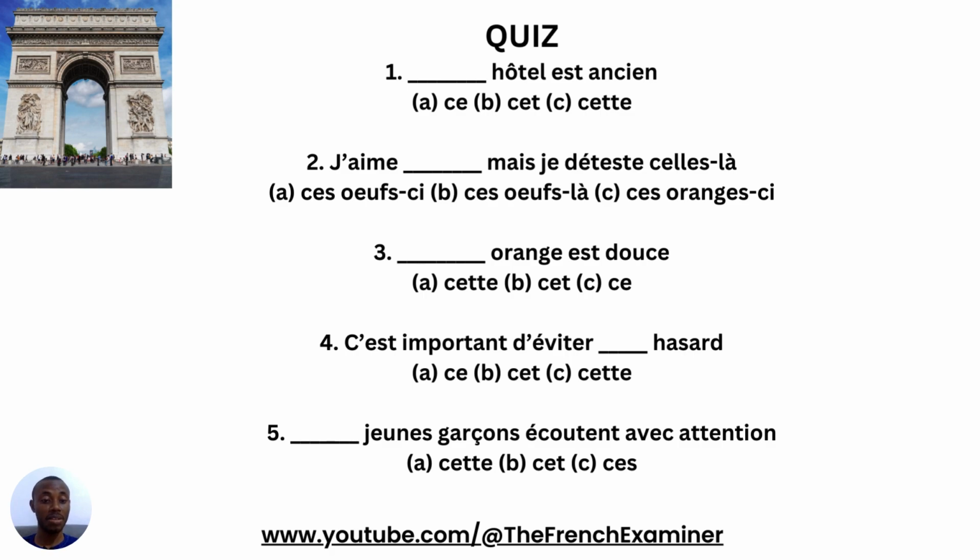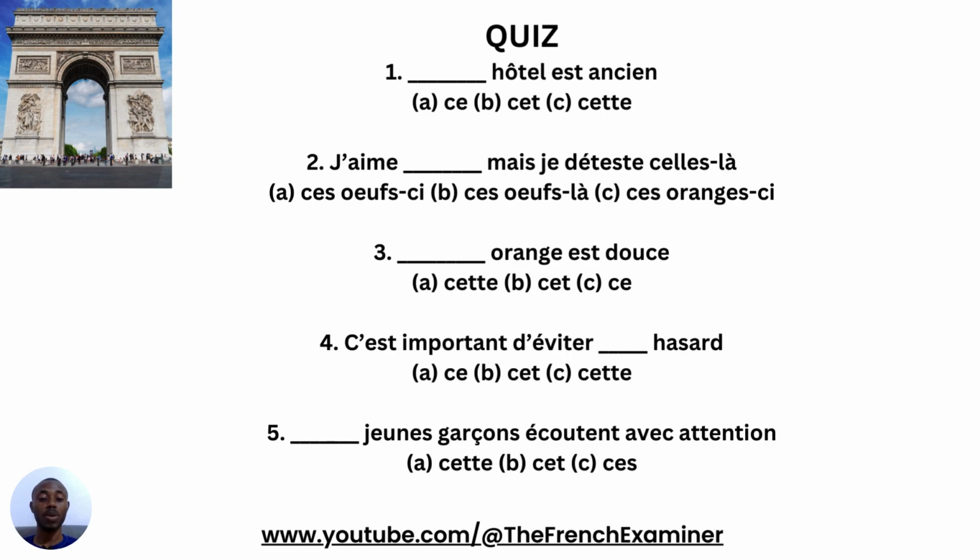Ces oranges-ci. Numéro 3, cette orange est douce. Cette orange est douce. And you just learned that orange is feminine. Donc on dit cette orange est douce. Option A. Okay? Then we go to 4. C'est important d'éviter ce hasard. Option A. Numéro 5.